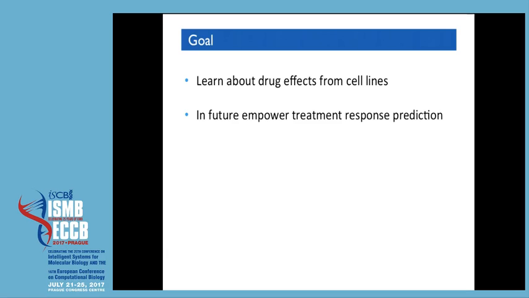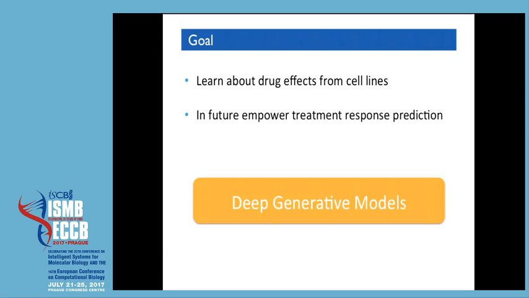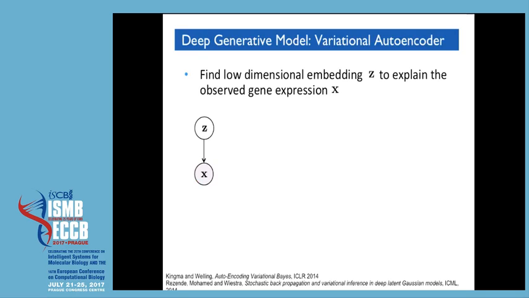As I said, the framework of choice are deep generative models based on variational autoencoders. That was recently introduced, like 3 years ago, so not so recently, a framework for inference in graphical models based on deep neural networks.